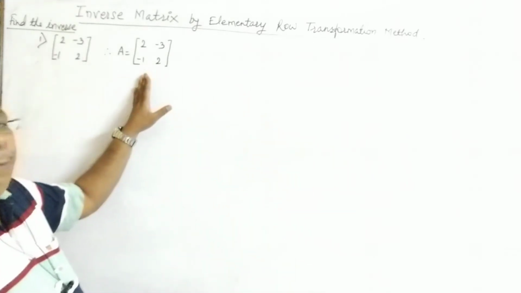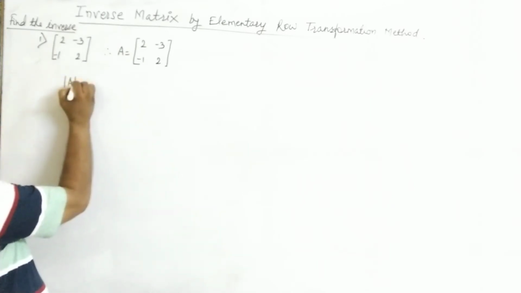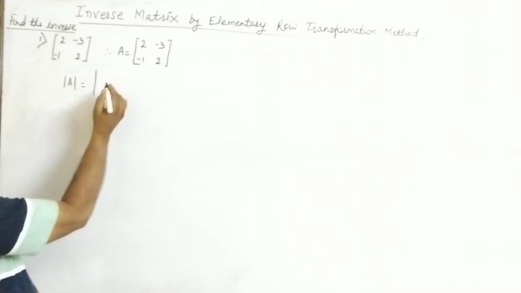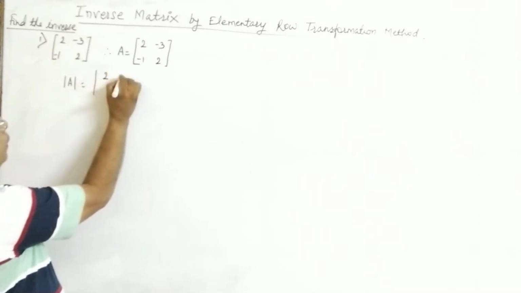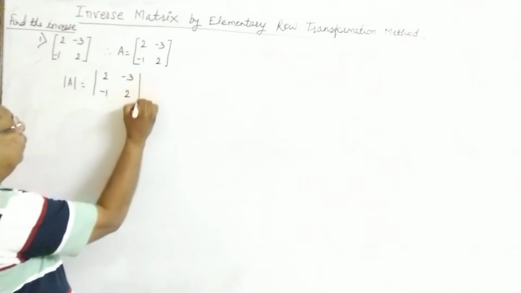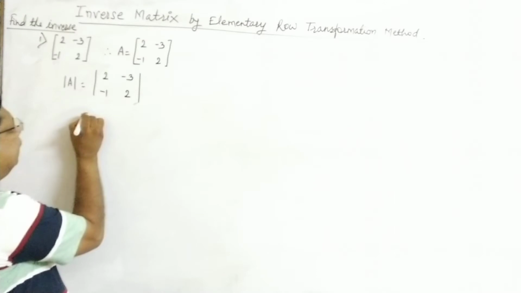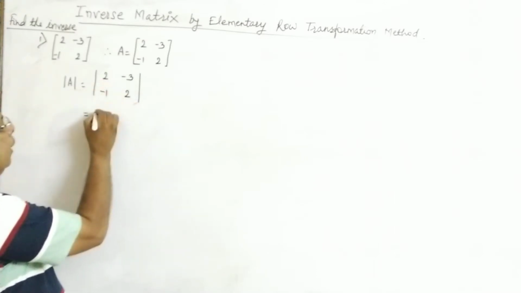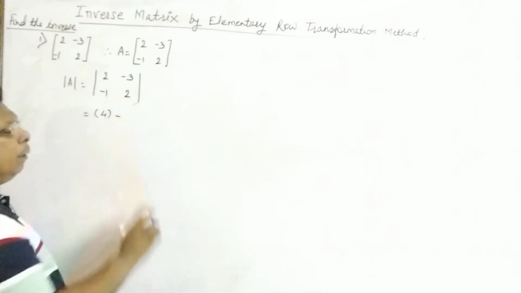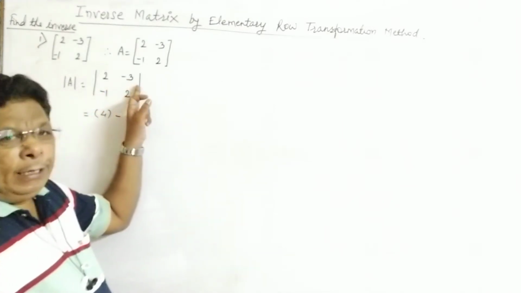Simply find determinant A from the matrix A. Determinant A equals the determinant of 2 minus 3 minus 1 2. Find the value of this determinant: 2 twos are 4, minus 1 into minus 3.